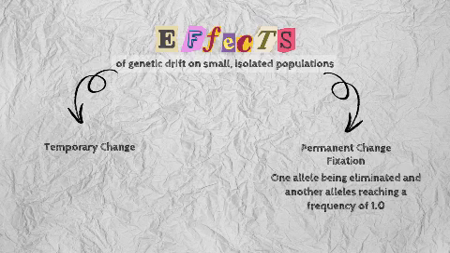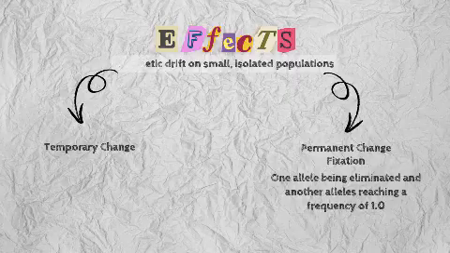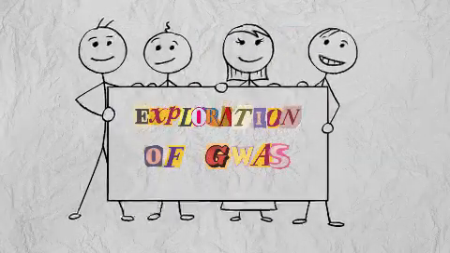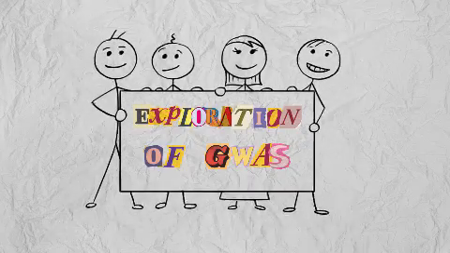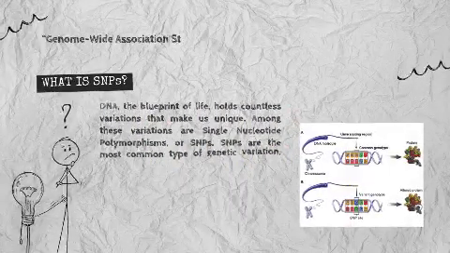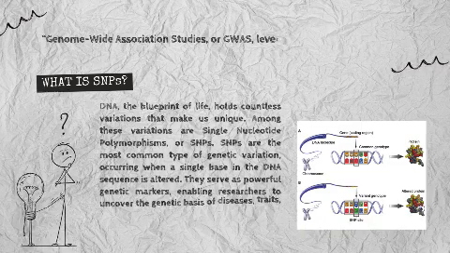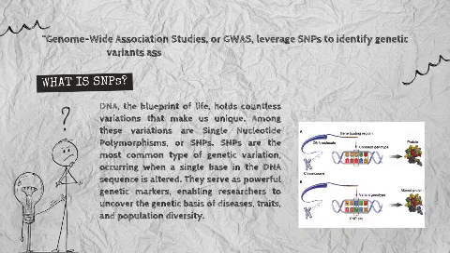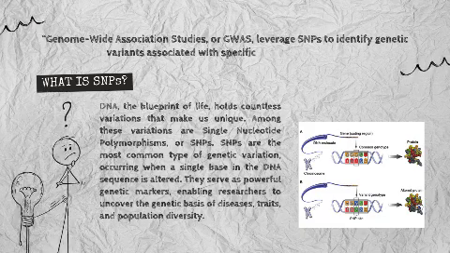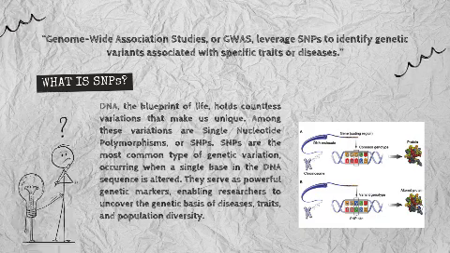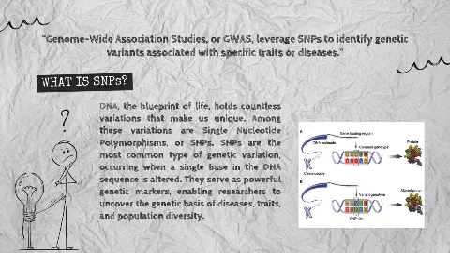The applications of SNPs are vast and transformative. In disease association studies, SNPs help identify genetic risk factors for conditions like cancer, diabetes, and heart disease. They also play a key role in personalized medicine, enabling tailored treatments based on an individual's genetic profile.